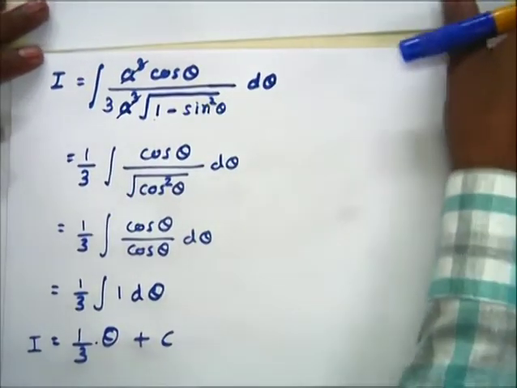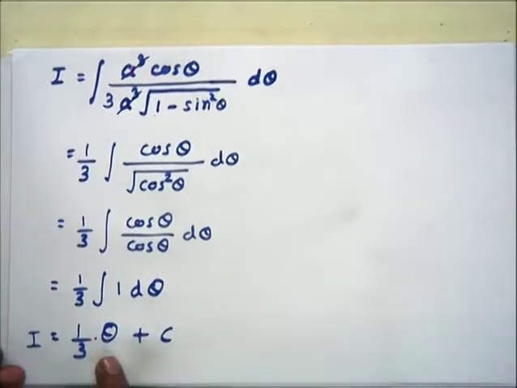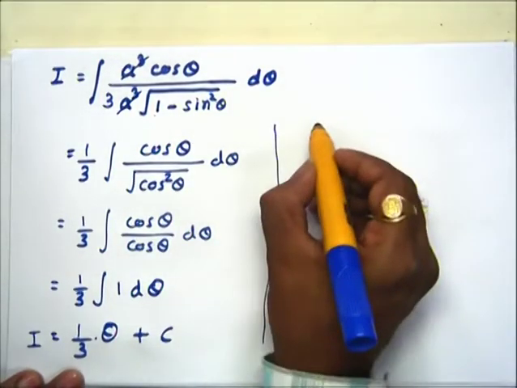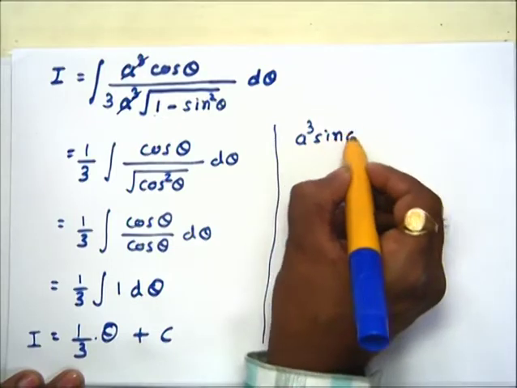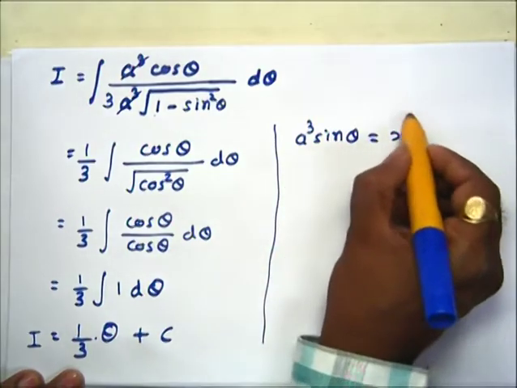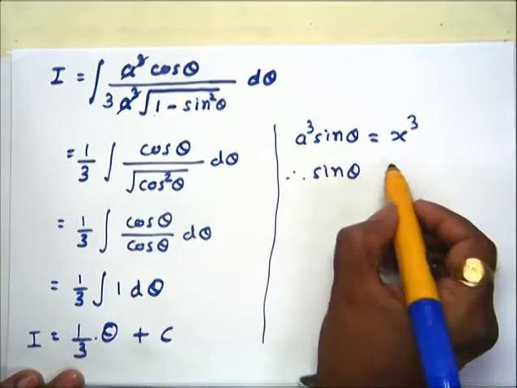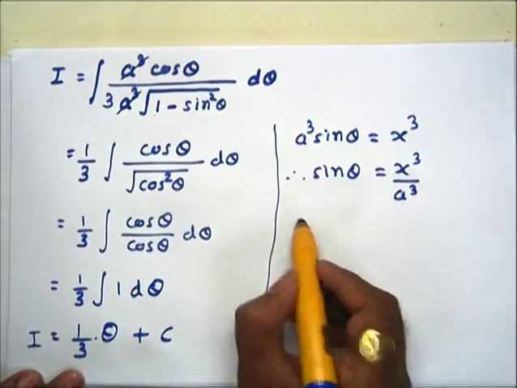Okay, 1 by 3 theta plus c, but again we have to convert this theta in the form of x. Now how will you convert? See, our substitution is like this: a cube sine theta equal to x cube. Therefore sine theta equal to x cube upon a cube.